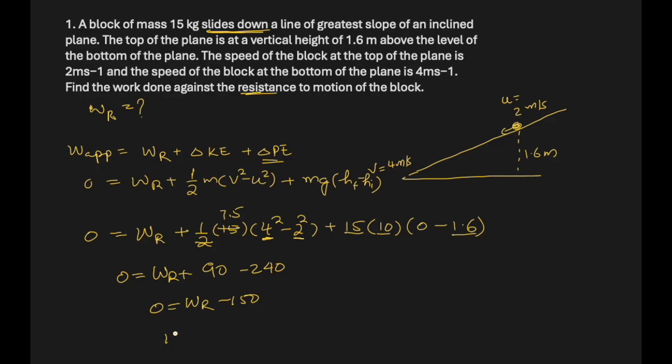So 150 goes to the other side and becomes positive. So 150 equals WR. The work done against the resistive force is 150 joules.